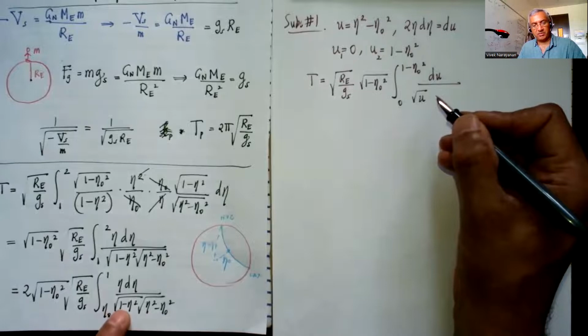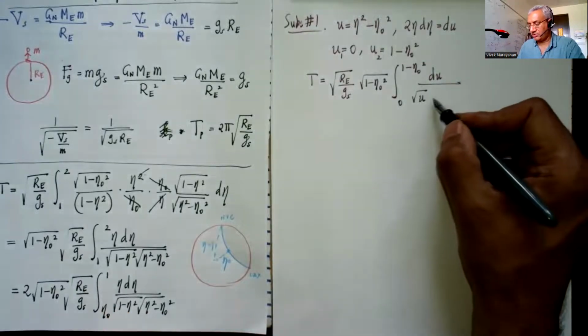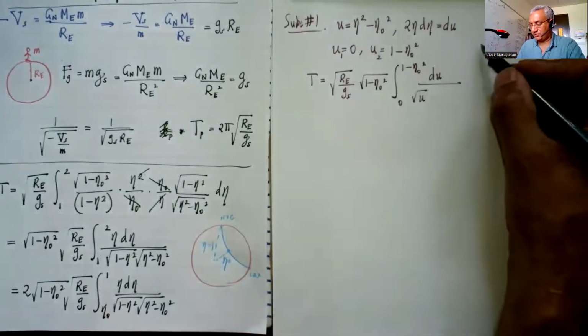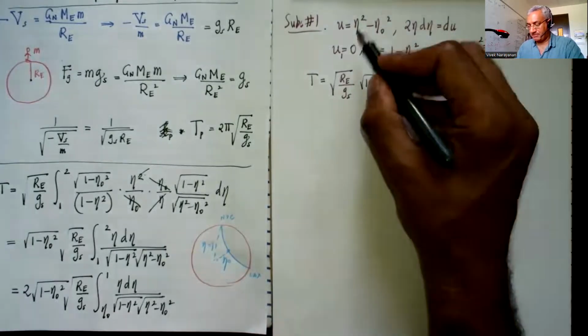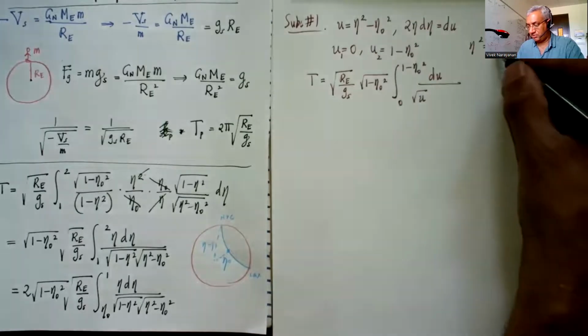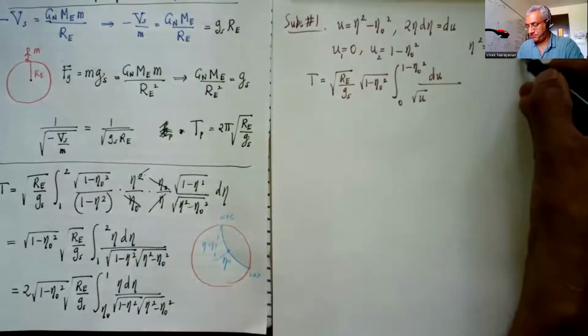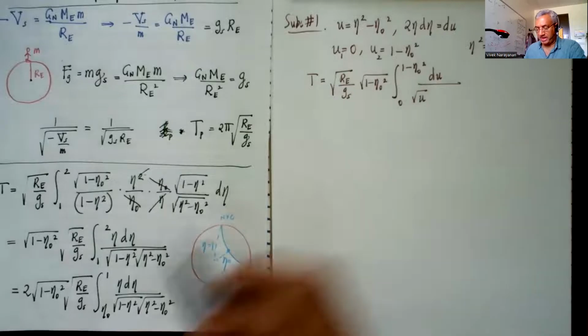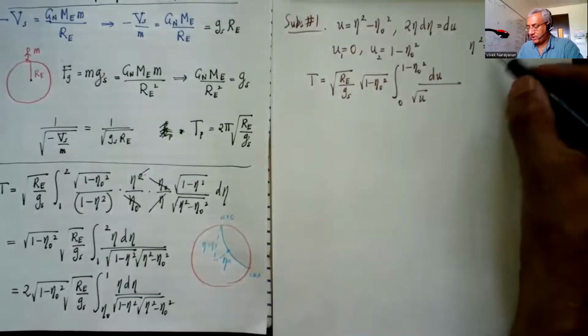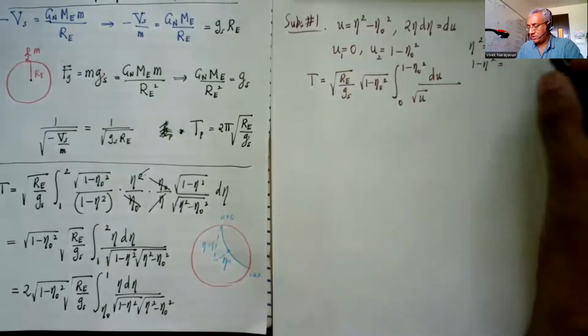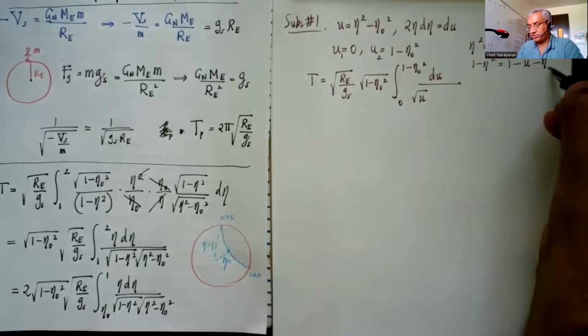And this one, 1 minus eta squared, becomes, so eta squared is, by this, eta squared equals u plus eta naught squared. So when I do 1 minus eta squared, I'm going to get 1 minus u minus eta naught squared.